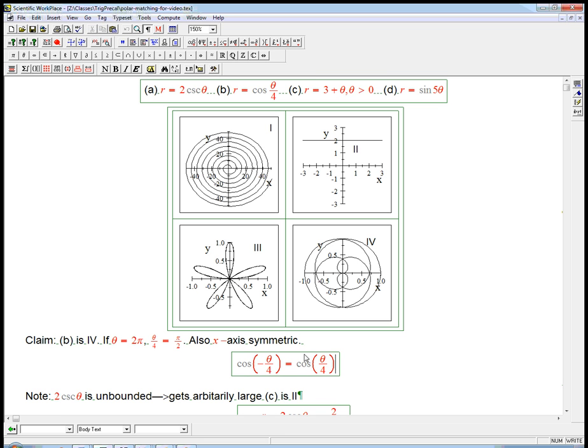So if my old r value was cosine theta over 4, my new r value is the same. And so that's what gives us this x-axis symmetry. And so that's good. It's really the only graph that is x-axis symmetric. So apart from the sophisticated analysis about going sort of 4 times around before it closes up, this is a simpler way to check. Always look for those symmetries. Okay.